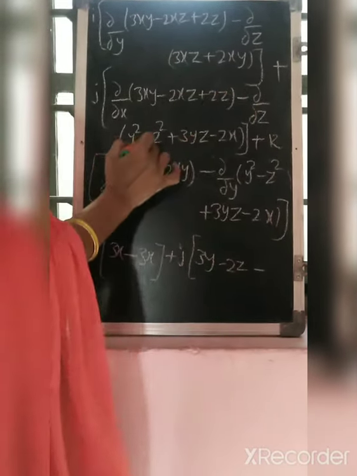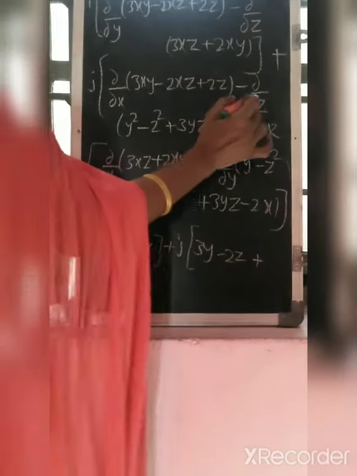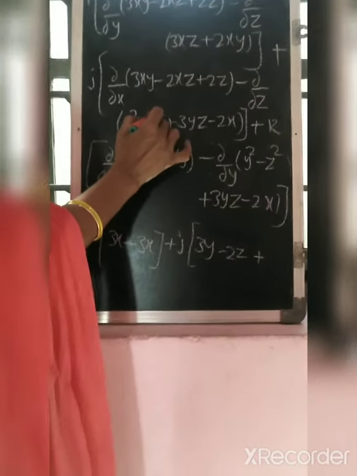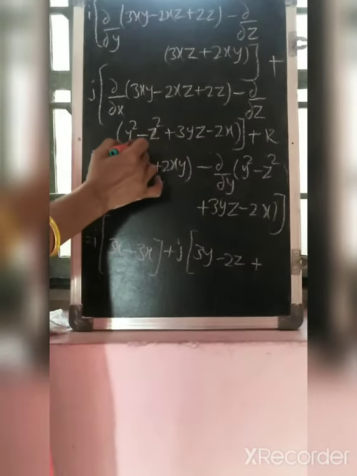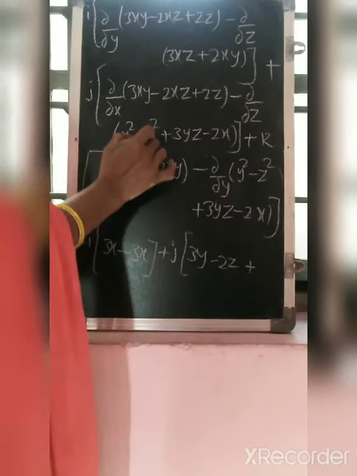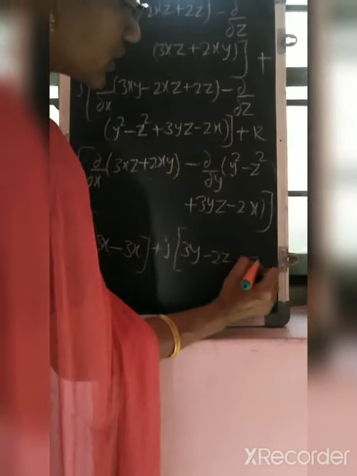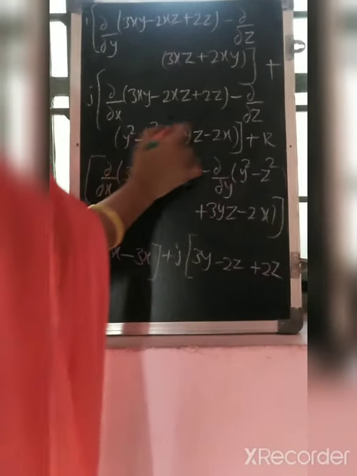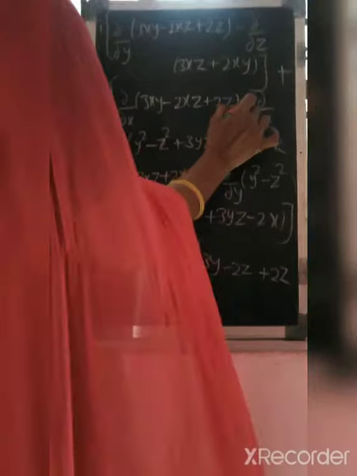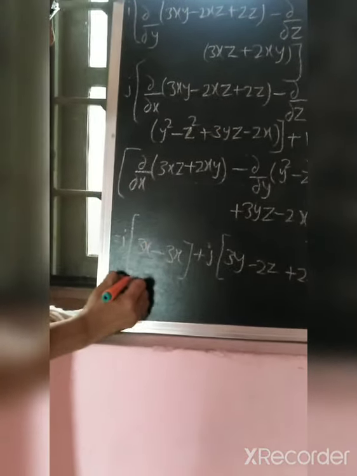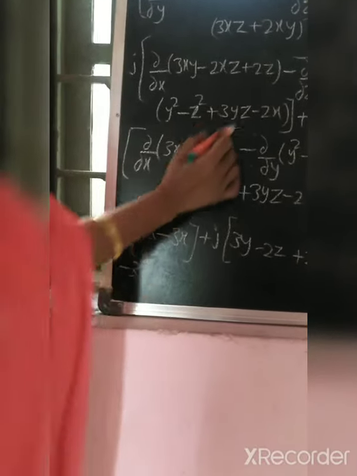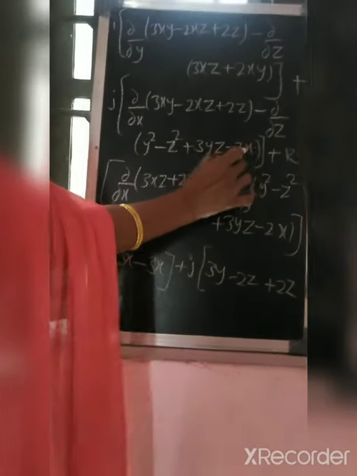Here minus into minus is plus, and by the formula d by dx of x to the power n is n into x to the power n minus 1, that is 2z. With respect to z, 3yz gives minus 3y. Next minus 2x is 0.